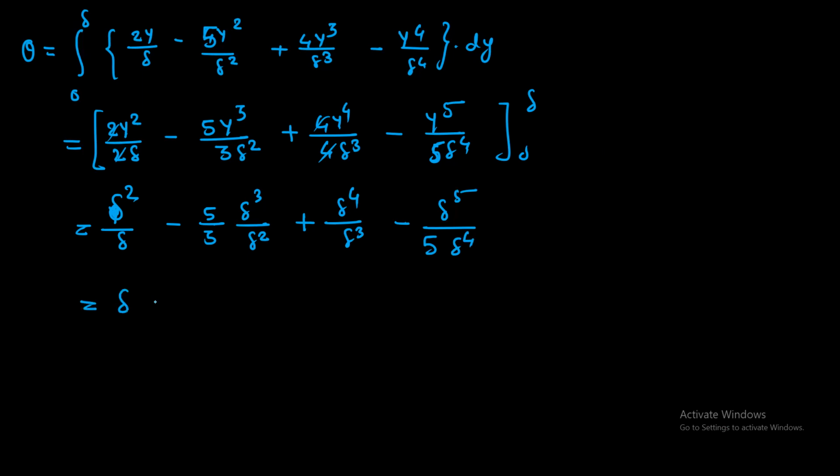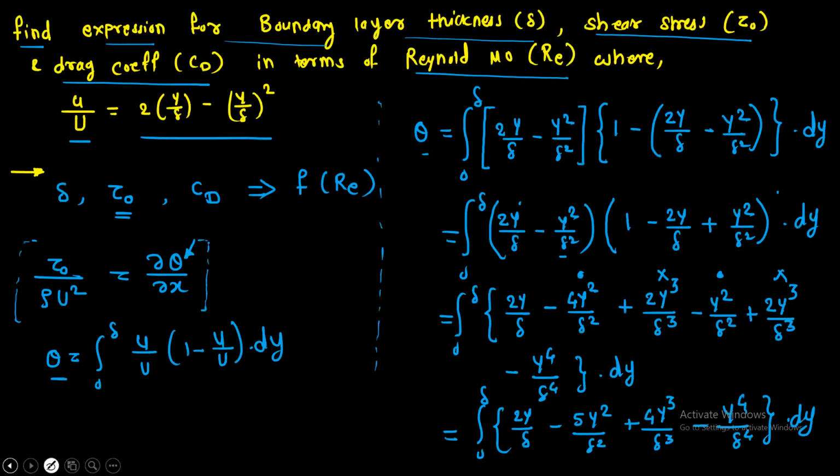So this is delta minus 5 by 3 delta plus delta minus delta upon 5. So if you simplify this equation, then finally you will get 2 by 15 into delta. So this is the value for theta. Now this theta is nothing but the momentum thickness. Now refer the previous formula.